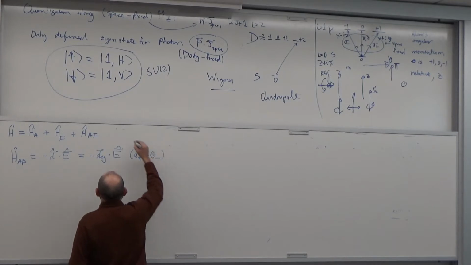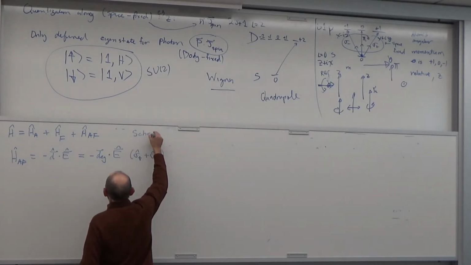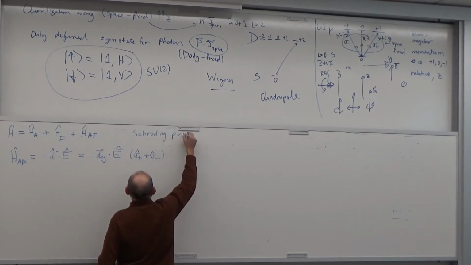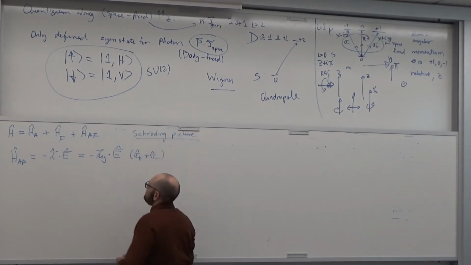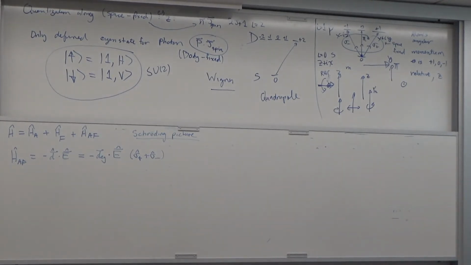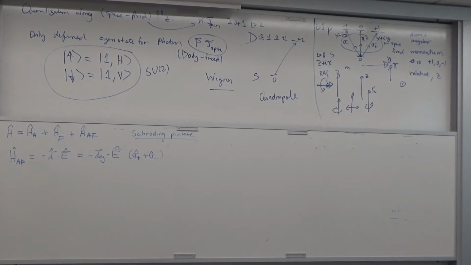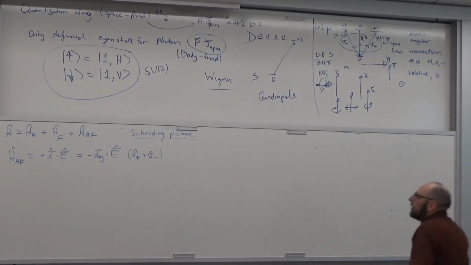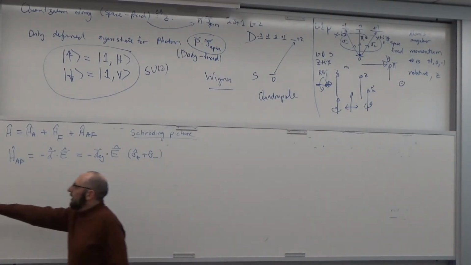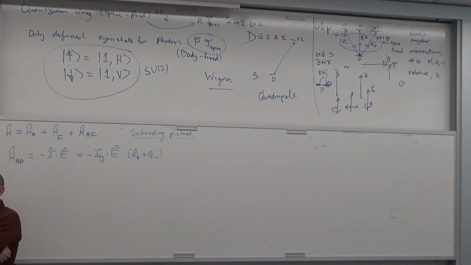By the way, I'm working in the Schrodinger picture. Now I have a question for you all. Do sigma plus and sigma minus commute with A and A dagger? What do you think?